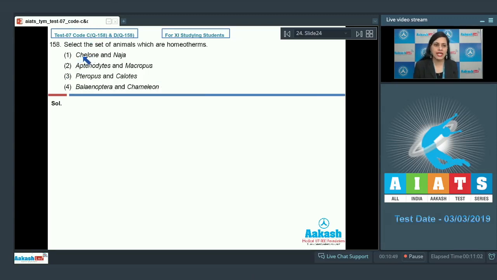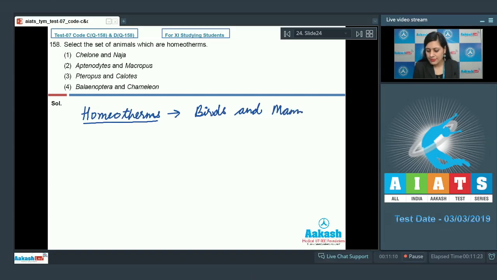Question number 158. Select the set of animals which are homeotherms, and homeotherms are those which can maintain their internal body temperatures, and they include birds and mammals.